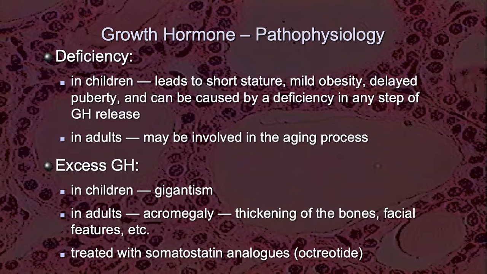Okay, so deficiency in adults may be involved in the aging process. So remember, growth hormone causes mitosis to happen, which causes cells to replicate and divide. So if you've got a cell that's damaged, that needs to be replaced, you go through mitosis to replace it. Okay? So in aging, a lack of growth hormone will cause those cells to not be replaced as fast or at all.